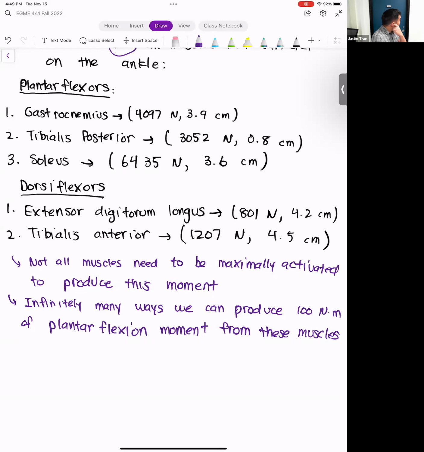And so there's infinitely many ways that we can satisfy that condition. Just like there are infinitely many different combinations of pizza ingredients too. And so the only way that we can solve this is if we use an optimization algorithm.